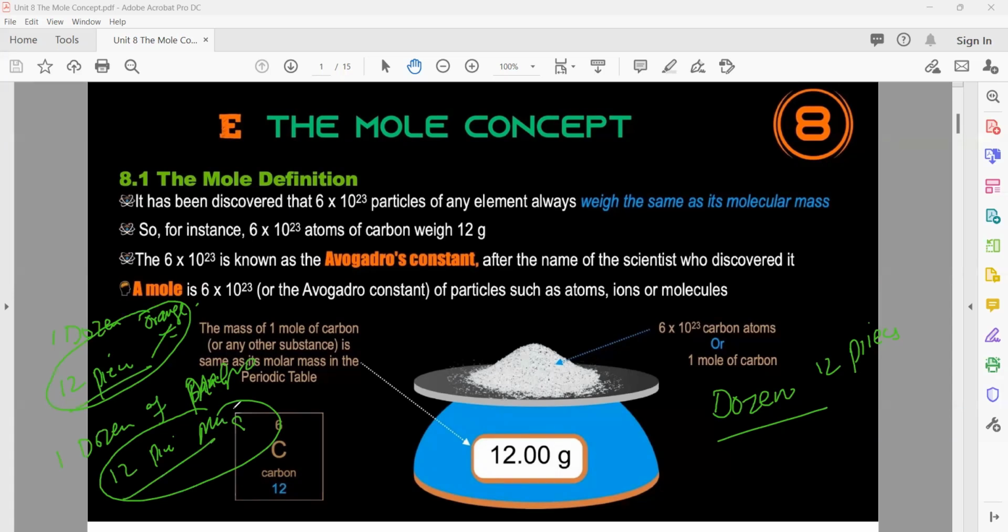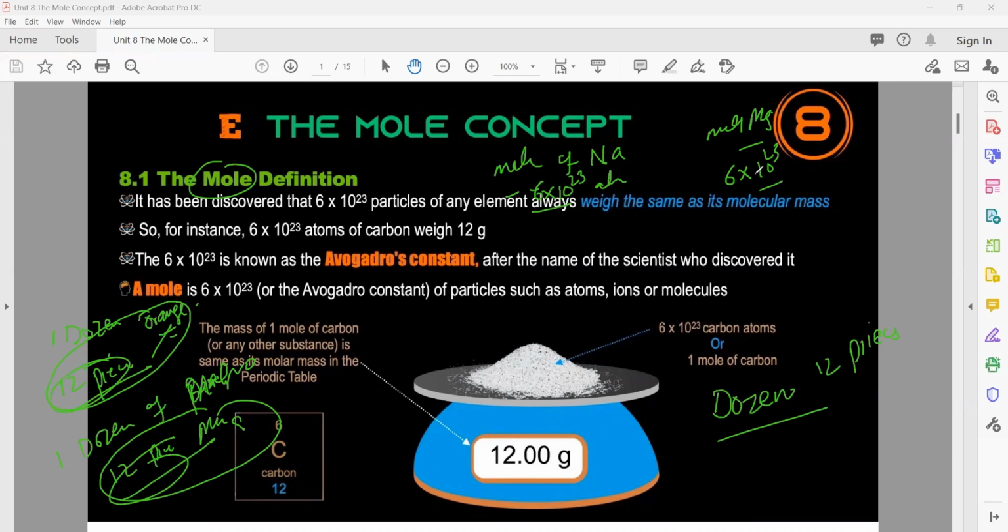No. In the same way, when you're talking about mole, when I say mole of sodium, then mole of magnesium, the number of atoms is the same in both. 1 mole of sodium has 6 multiplied by 10 raised to power 23 atoms, and 1 mole of magnesium also has 10 raised to power 23 atoms. Same like 12 pieces, 12 pieces.